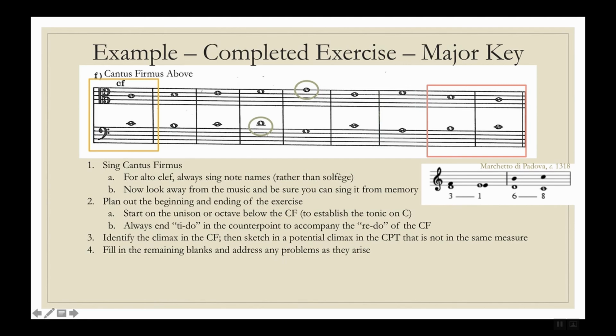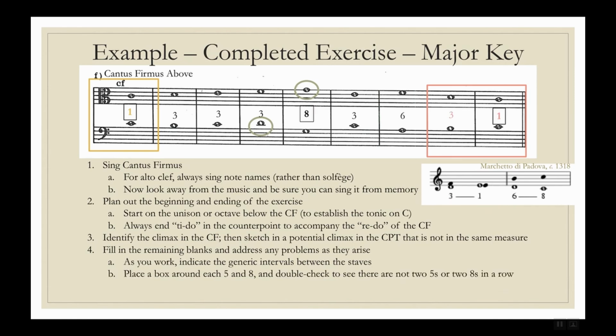So then we just fill in the remaining blanks, and that's what we have here. We have a B and a C, we have a G, a C, and A, and those are the only remaining blanks, right? So once you fill in beginning, end, climax, you don't have all that much work remaining to do. As you work, indicate the generic intervals between the staves. And place a box around each 5 and 8, which we have done.